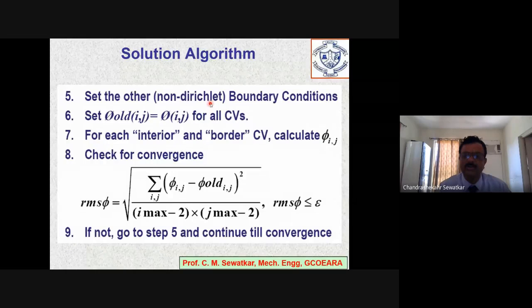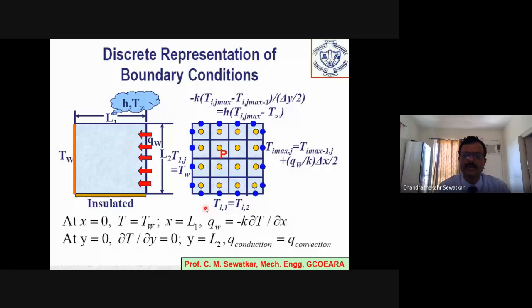Because in case of non-Dirichlet boundary conditions, the temperature on the boundary is a function of temperature of the inner cell center. And this temperature of inner cell center is going to change after every iteration. So we need to change the boundary condition after every iteration, and hence the non-Dirichlet boundary conditions are required to be set separately.